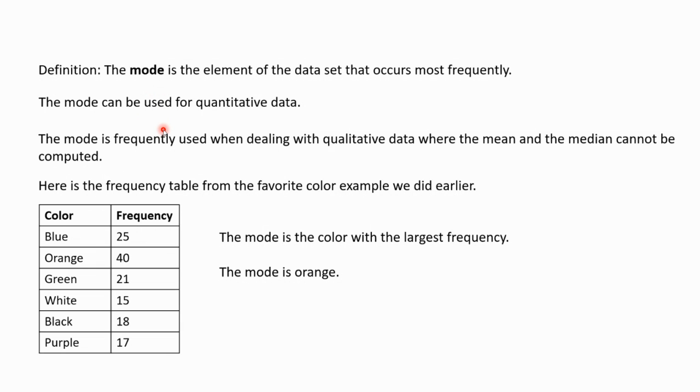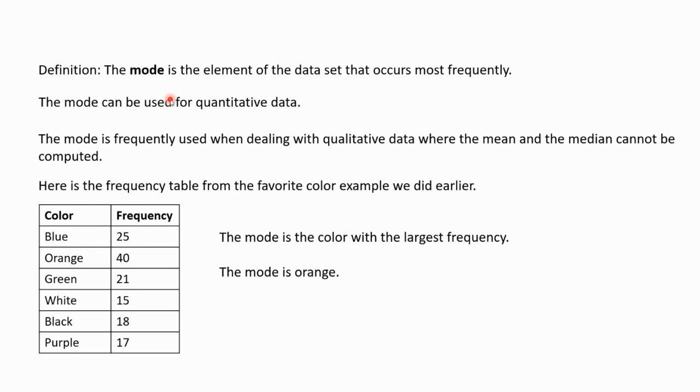And the mode, again, we did this last time, but I'm just doing this example here. For the mode, remember that is the element that appears the most frequently in the data set.